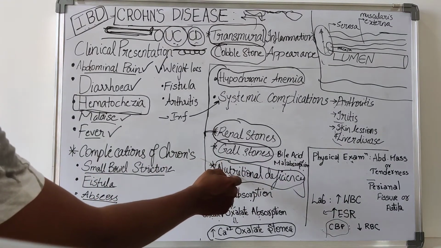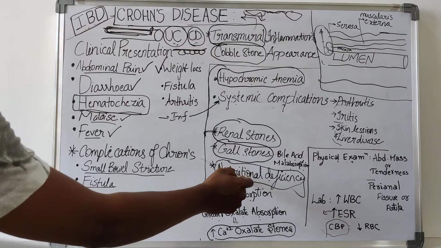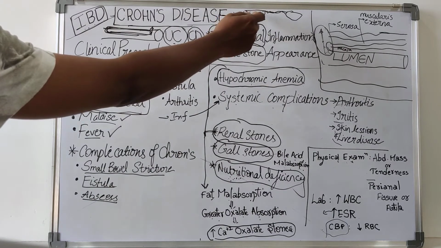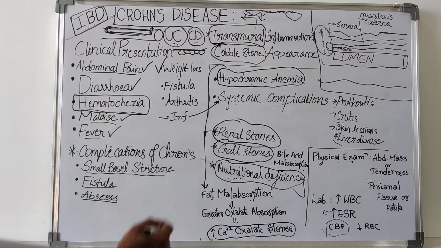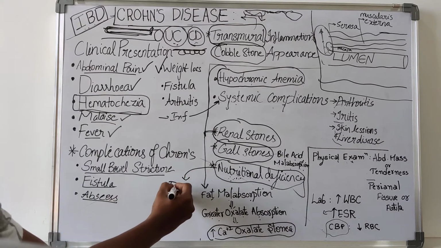There will be multiple nutritional deficiencies in patients with Crohn's disease. Why are there multiple nutritional deficiencies? Because the body cannot absorb nutrients appropriately from the inflamed intestinal wall when compared with the normal intestinal wall. What are the nutritional deficiencies which are usually noticed?